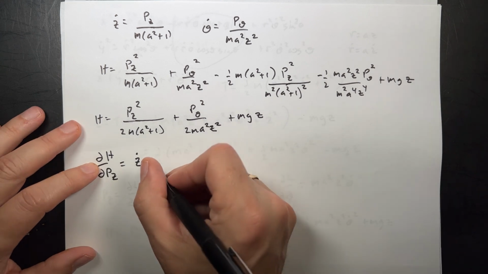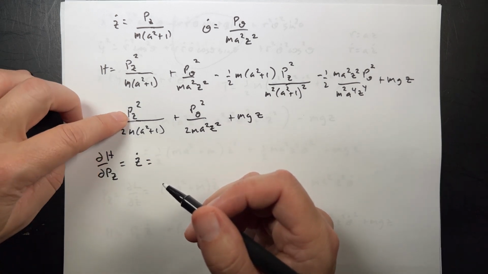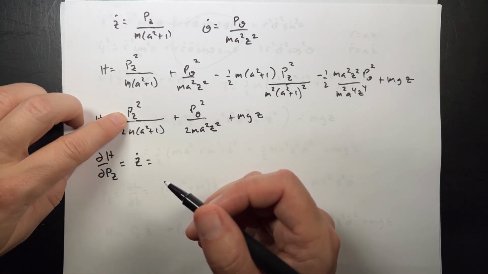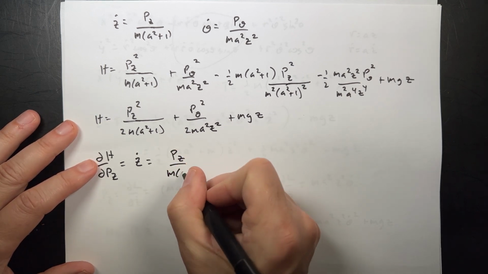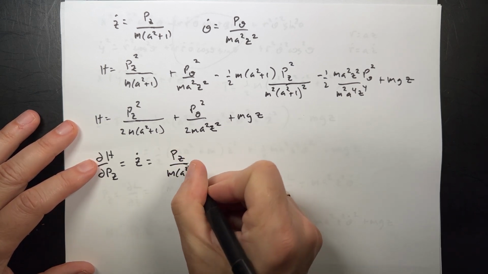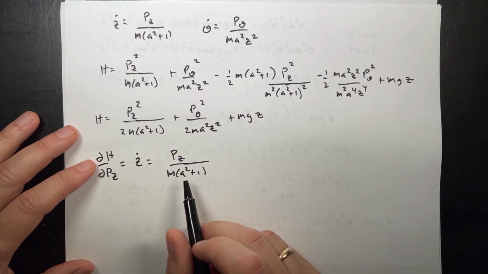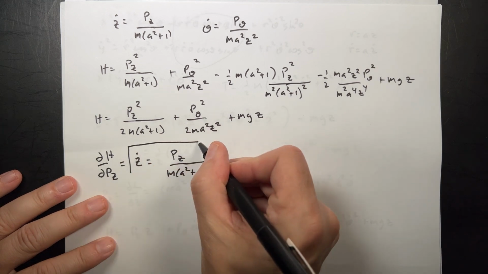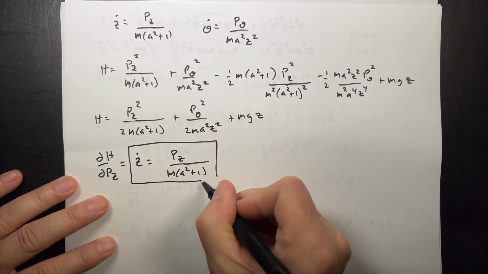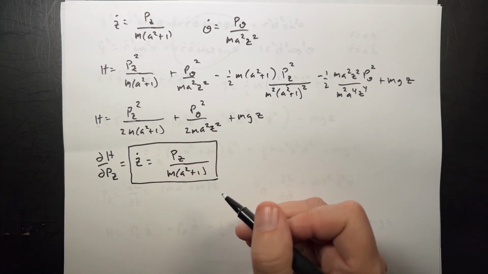So z dot is going to be equal to the partial of H with respect to pz. So here's my pz. I bring the 2 down, and I get pz over m(a squared plus 1). And there's no other pz's, which is not surprising because that's how we define pz. So we should still do it.